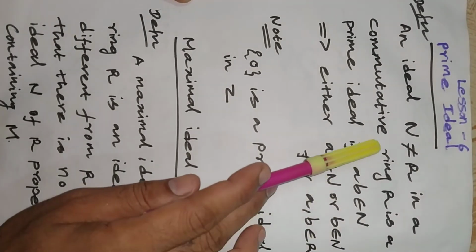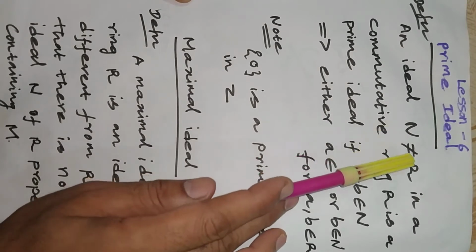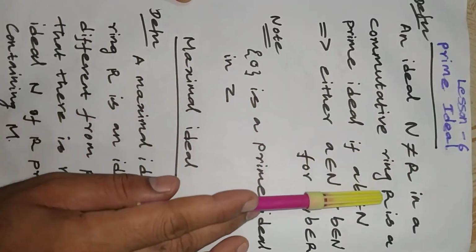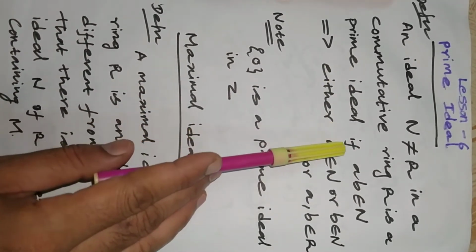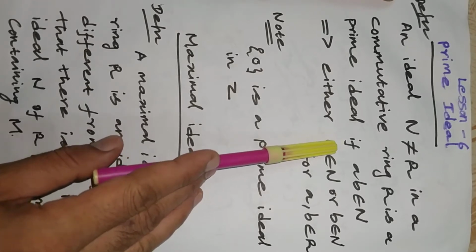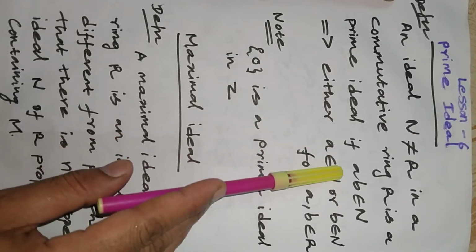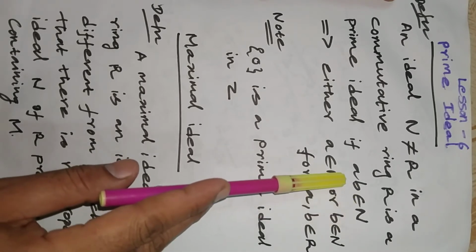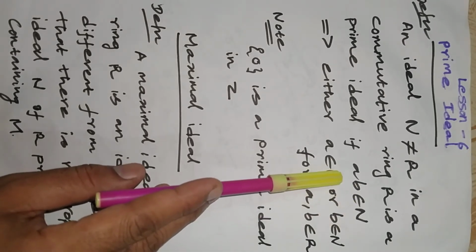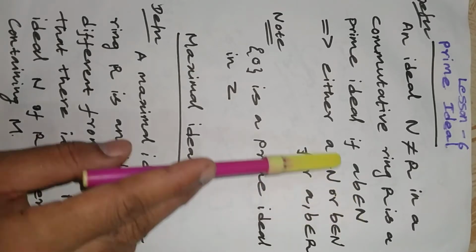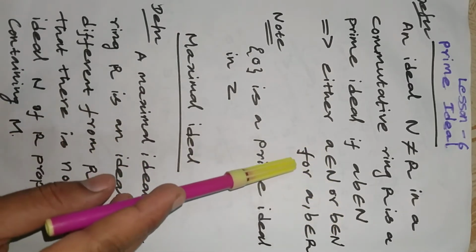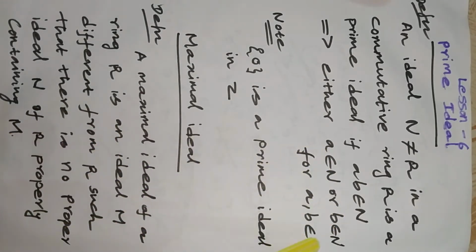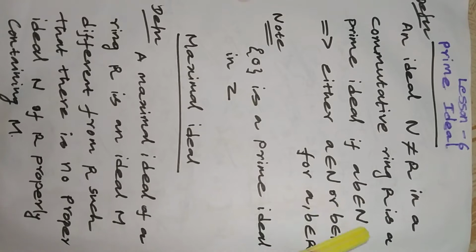An ideal N, which is not equal to R, where R is a commutative ring, is a prime ideal if AB belongs to N, that is A into B belongs to N, which implies either A belongs to N or B belongs to N, for A, B belonging to R, the ring. So this is the classical definition of a prime ideal.